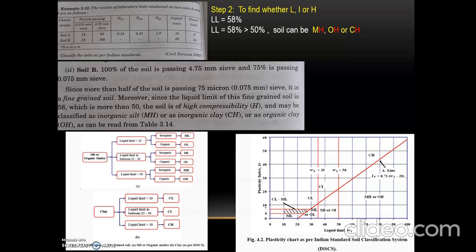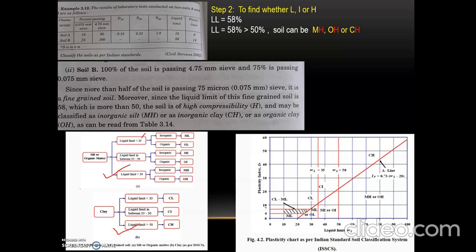And the same conditions apply even for clay. We will have to check whether the liquid limit is less than 35, or whether it falls between 35 to 50, or whether it is greater than 50. Since in the problem it is mentioned that the liquid limit is 58%, which is greater than 50%, that means the third condition is satisfied.